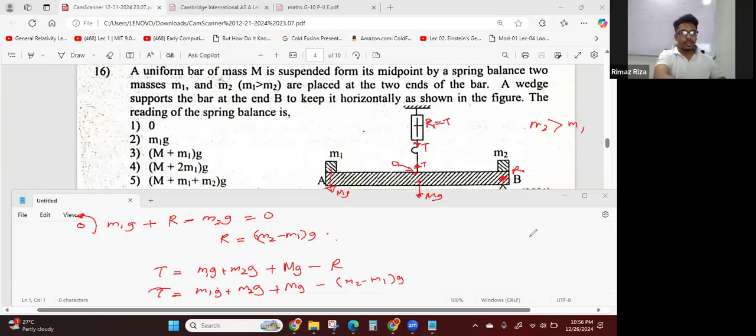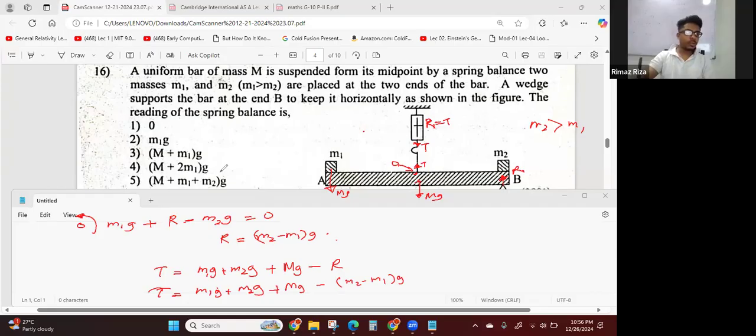So if you simplify this, we get P equals M1 plus M1, 2 M1 G, minus M2 and plus M2 cancel, plus Mg.